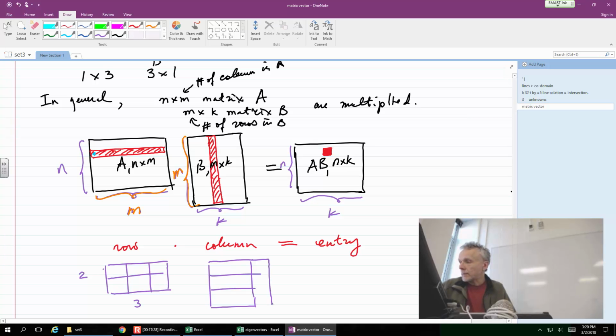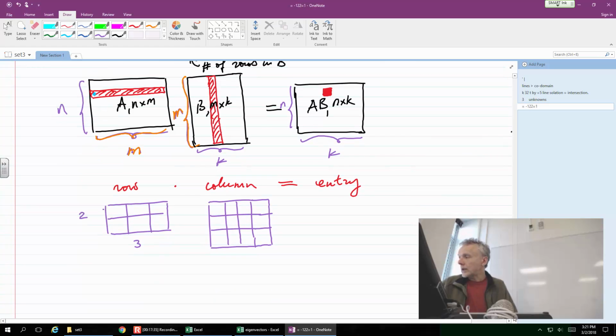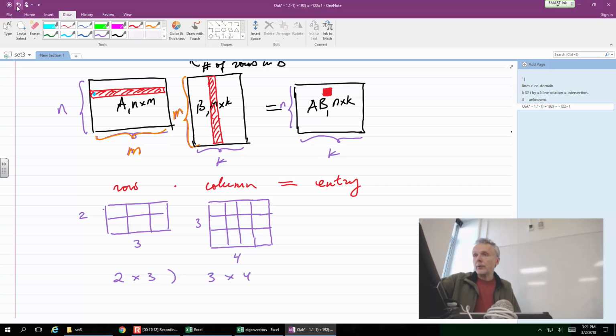So how about 4? So this one is 3 by 4. As you can see, the trick is when you write these side by side, 2 by 3, 3 by 4, you cancel the 3 that they share and give me what's left. So I will remove these 3 that are being shared, and the result will be 2 by 4.